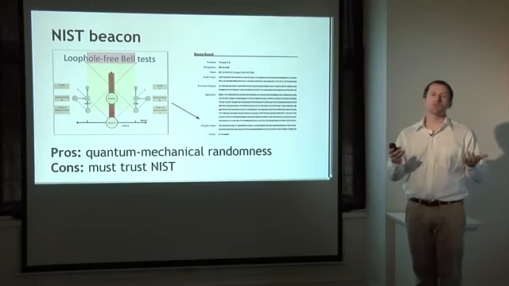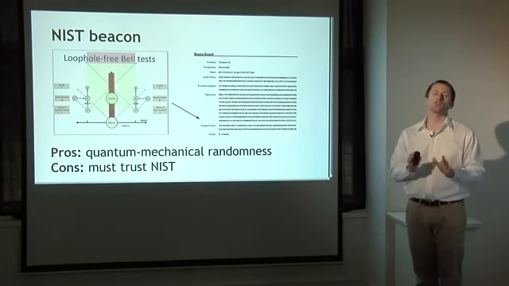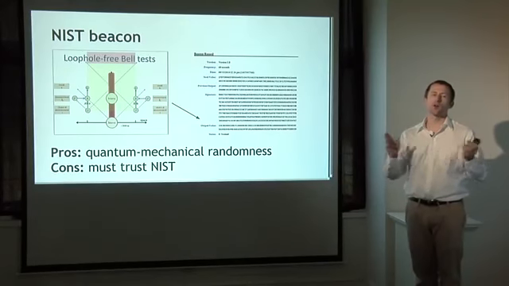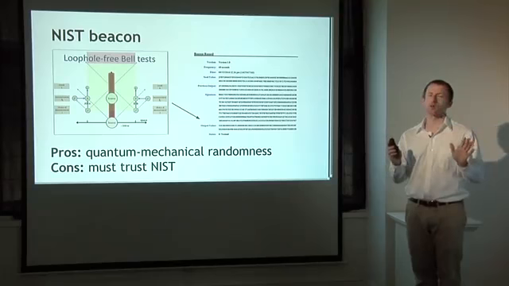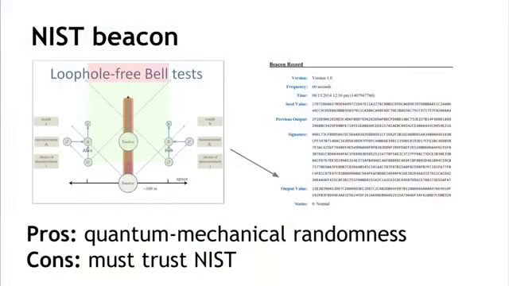And NIST has set this up as a machine, so every 60 seconds they publish a lot of random data and they sign it. So this is probably the most efficient thing to use. They just have a feed on the web. You can listen to their server, broadcast this stuff, and get all the randomness you want. And if you read their papers in the physics argument, there's a very strong argument that this is truly random and that there's no way anybody could predict it.